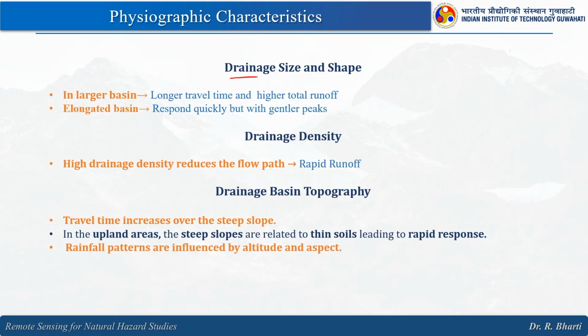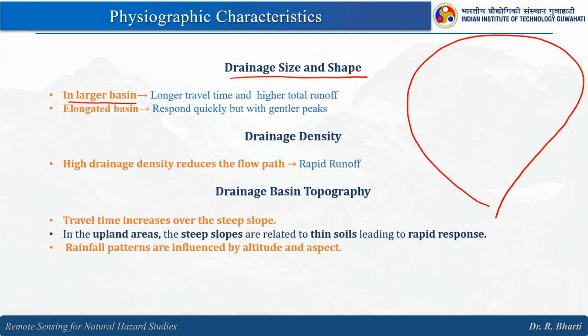When we talk about the drainage size and shape, let us talk about the larger basin. Let us say I have a larger basin like this, right, and here we have an outlet point where we are measuring the discharge, right.